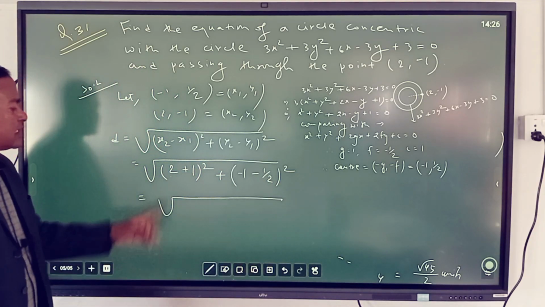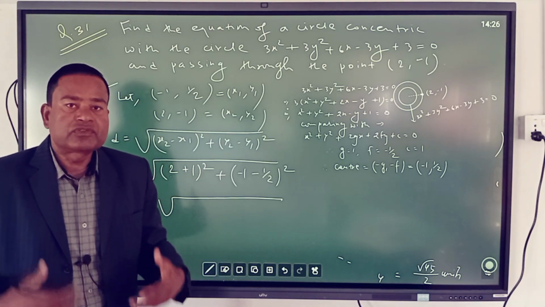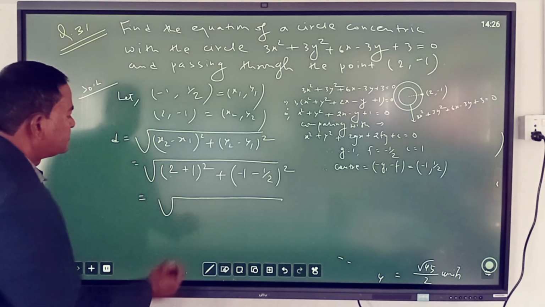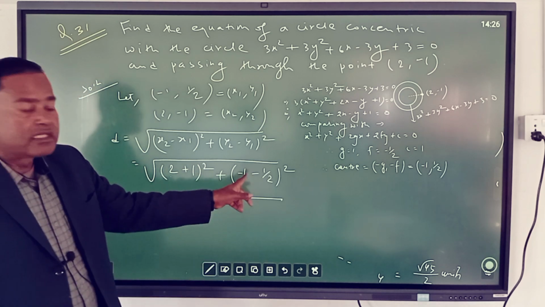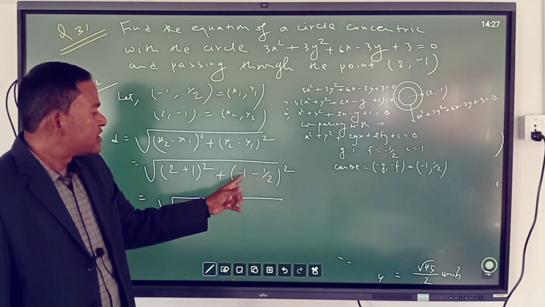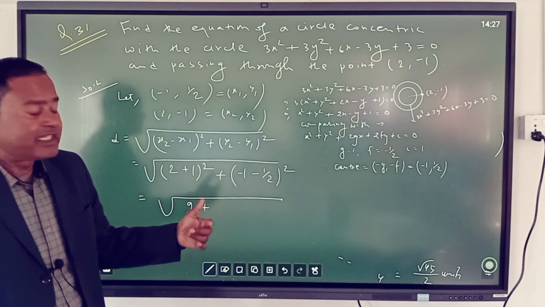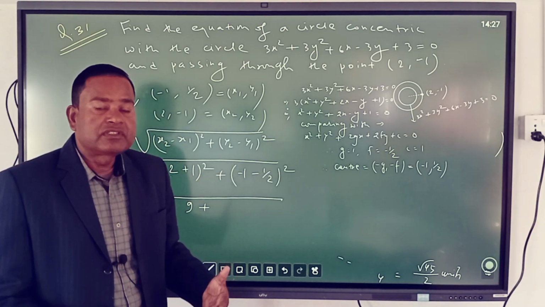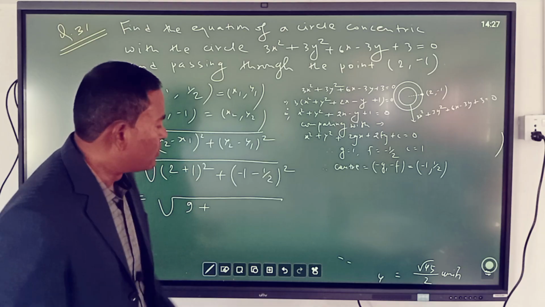Dear student, now 2 plus 1 is 3 and 3 whole square will be equal to 9. And let us add minus 1 with minus 1 by 2. So 2 ones are 2 and 2 and 1, if we add, then it will be 3. So we get minus 3 by 2 and minus 3 by 2 square will be 9 by 4.